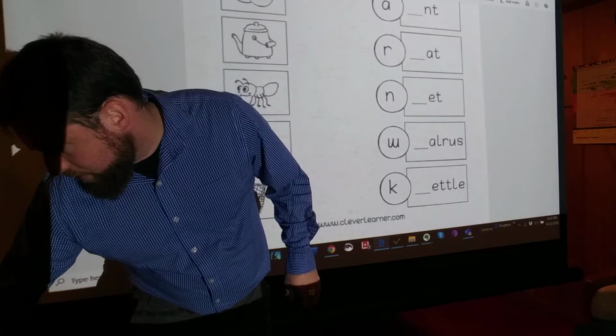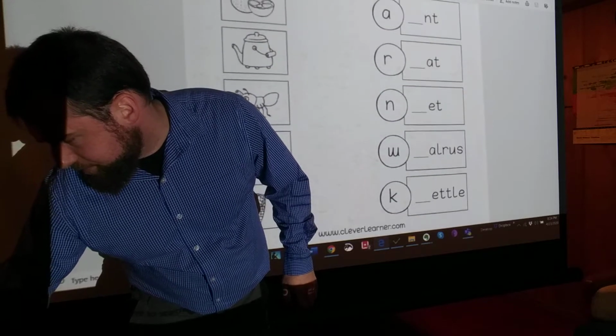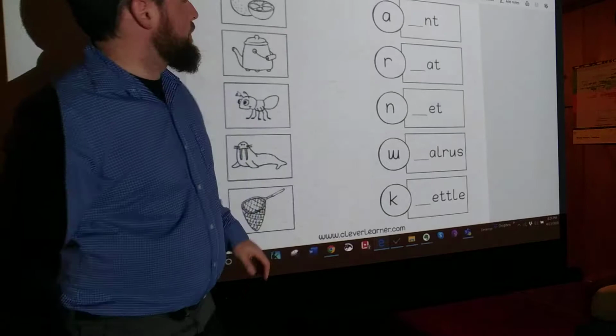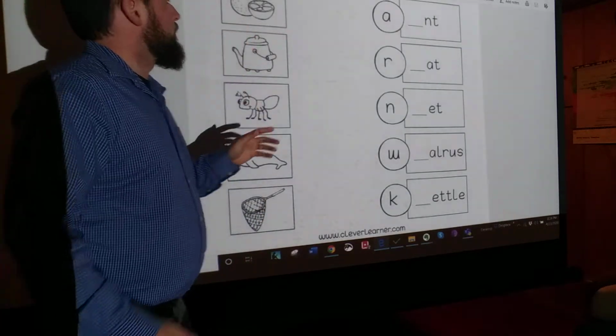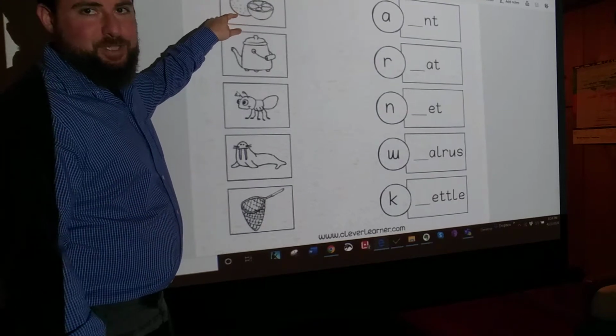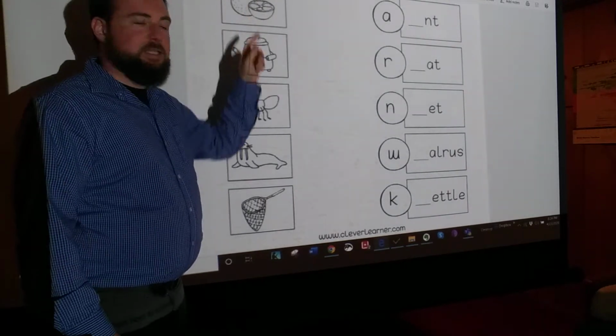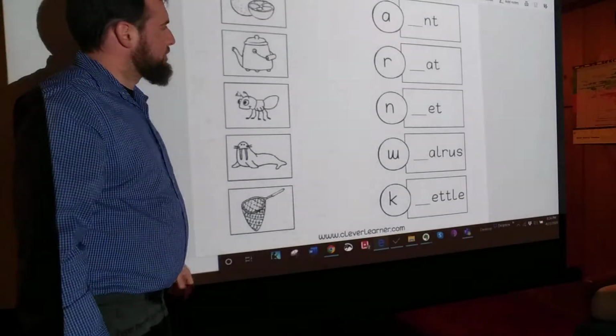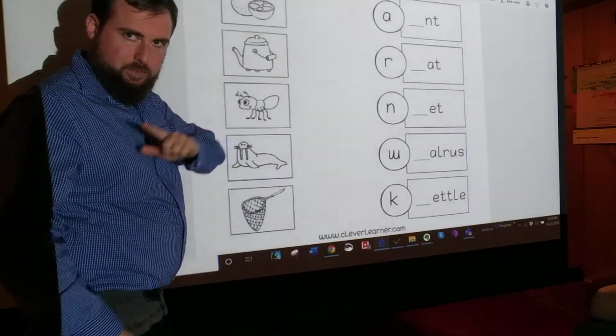Just to make sure we are able to start on firm footing, I'll go over each one of these and I'll tell you what it is, okay? So what's this? What do you think this is? It'd be easier if it was color. This is an orange, okay? I'm not going to tell you what letter. You have to do that yourself.